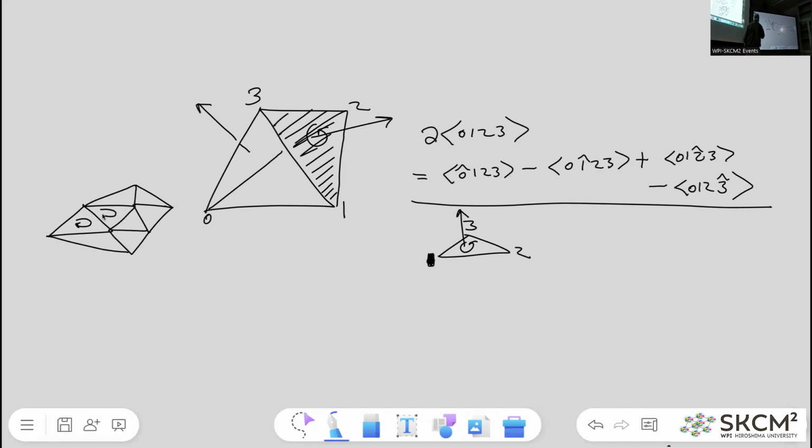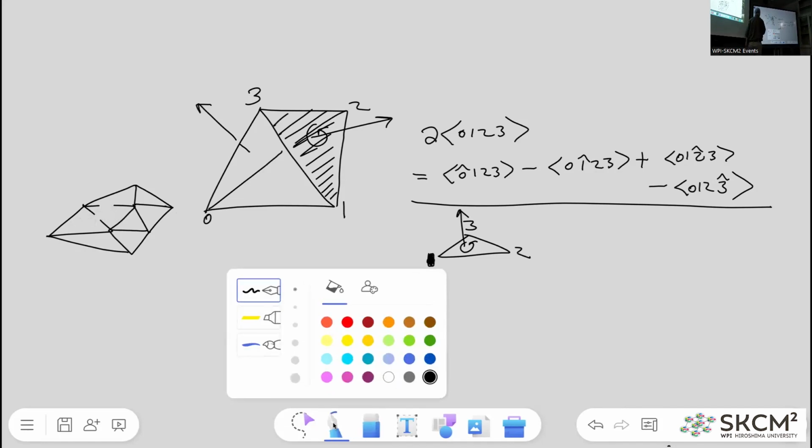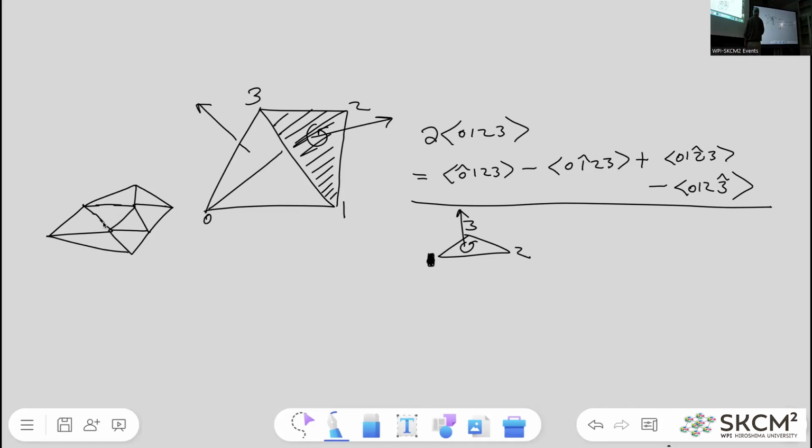So normals, whoops, I want to set these normals all pointing upward. So these are all set that way. And if they are all set that way, let's just draw them for a moment and then look at the corresponding boundaries.